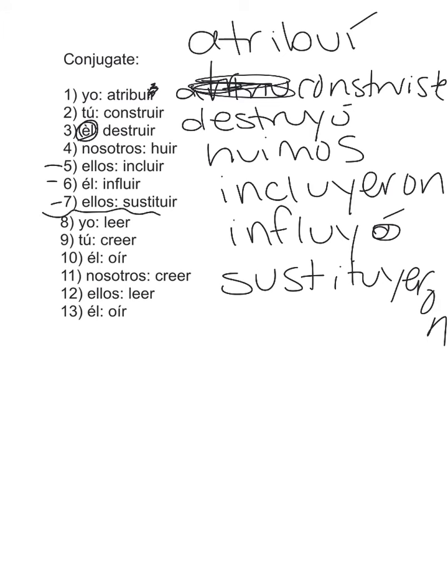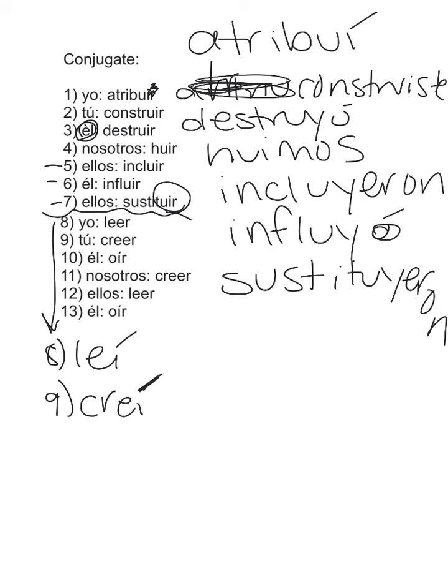And this is where our dividing line is between uirs and not uirs. When you have not uir verbs, let's take a look at what happens. For number 8, leí. Number 9, creer. Accent mark, creíste. For number 10, ooh, we're down in the sparkly ballet slipper.